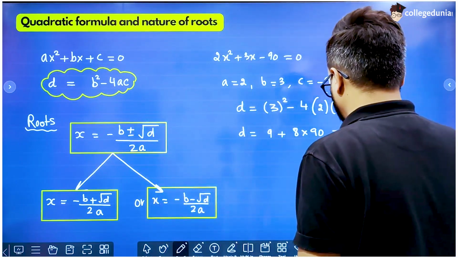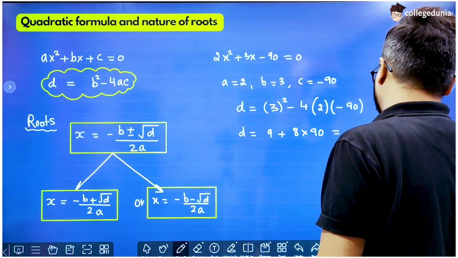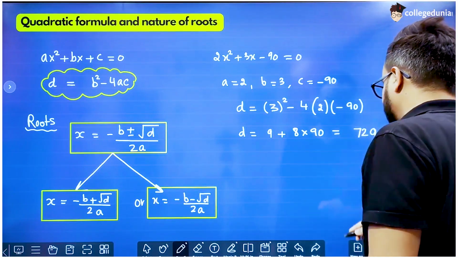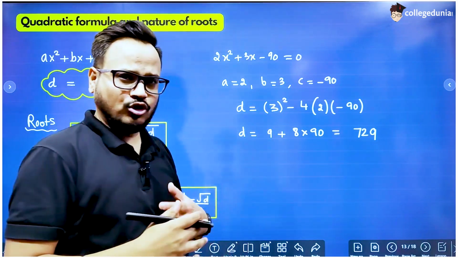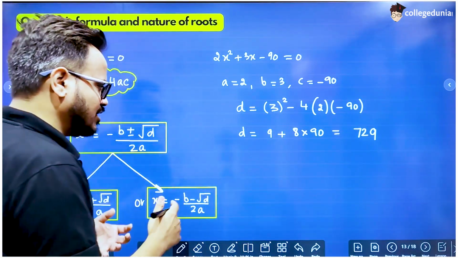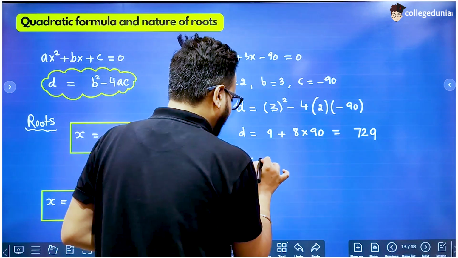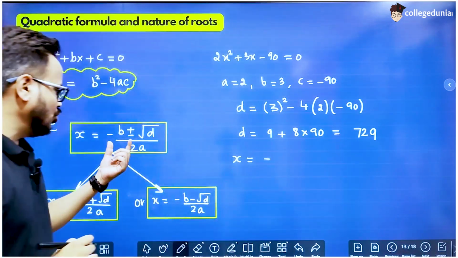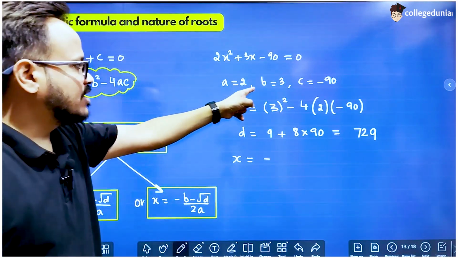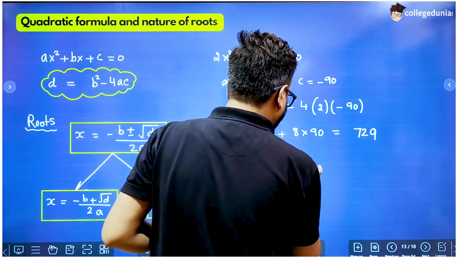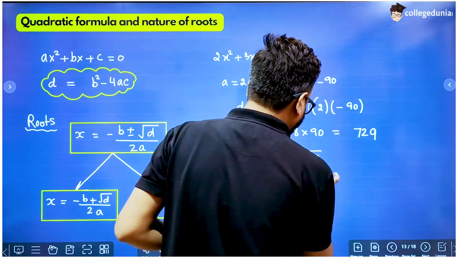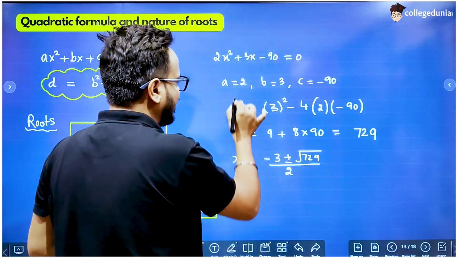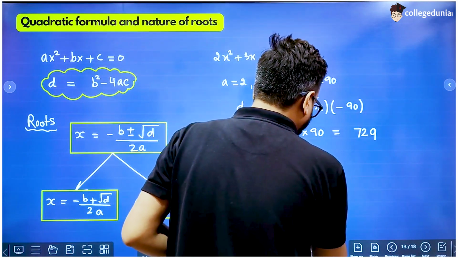So this is 729. 729 is the square of 27. So the value of x is minus b, that is minus 3, plus minus under root 729 divided by 2 into a, which is 2.